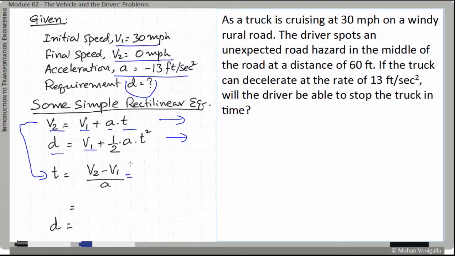Substituting these values, v2 is 0 and v1 is 30 miles per hour. Of course, we need to be consistent in our units.